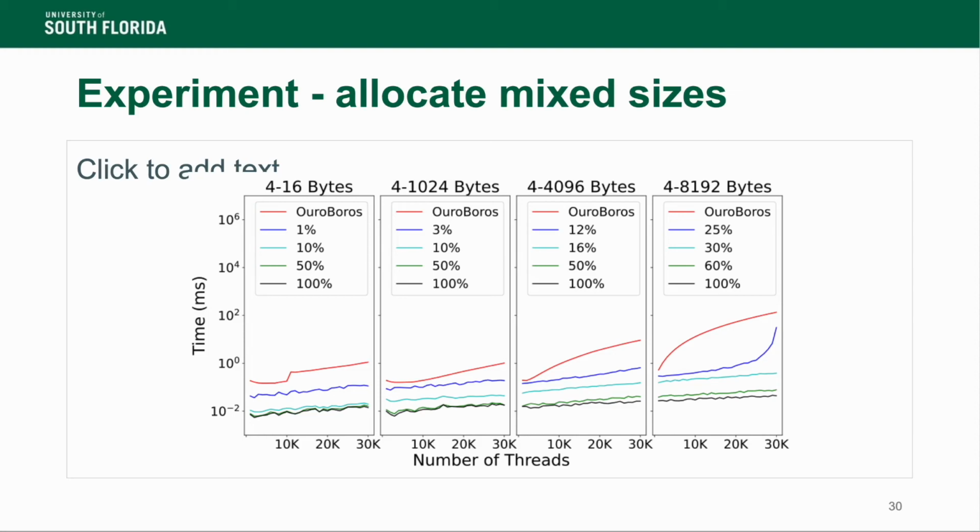The higher the concurrency is, the better RW malloc outperforms Ouroboros due to Ouroboros' linear scaling. RW malloc's performance degrades as fewer memory units are available. However, it is still much better than Ouroboros in its worst scenario when there are almost no free pages.